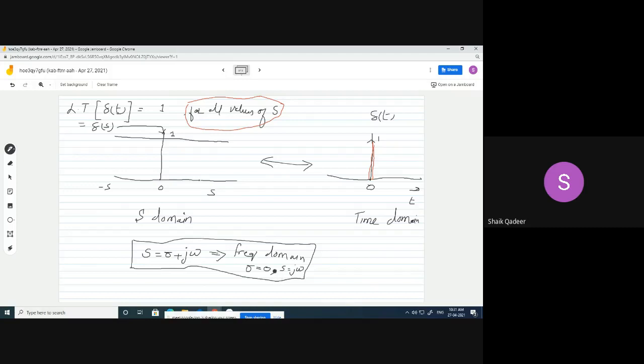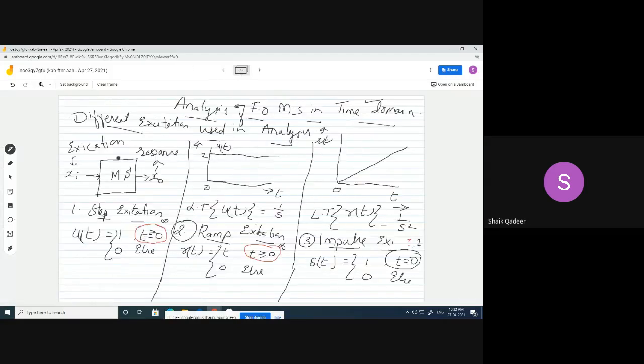The first topic of today's class is different excitation used in analysis under time domain. First one is step excitation, second one ramp excitation, third one impulse excitation. Unit step excitation is given by the relation u of t is equal to 1 for t from 0 up to infinity.